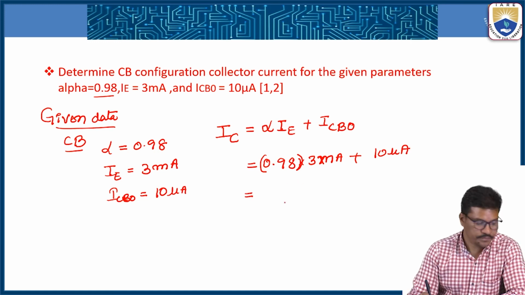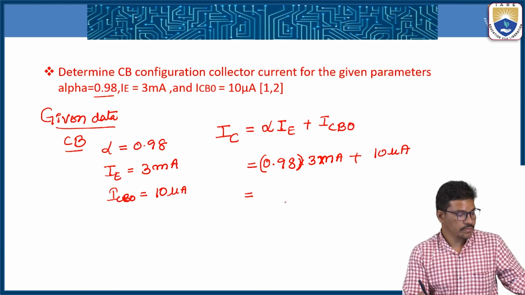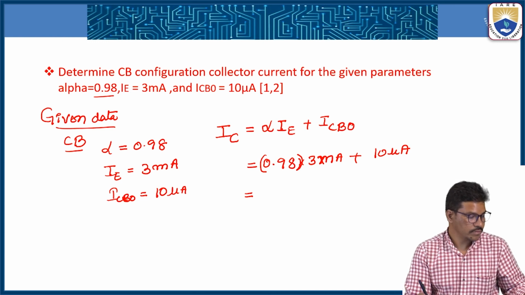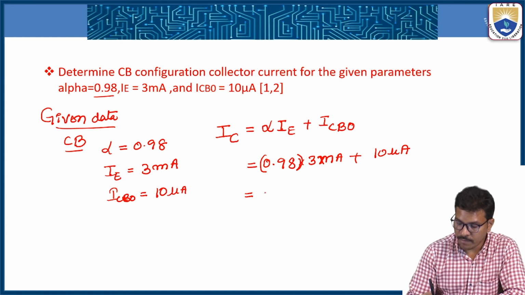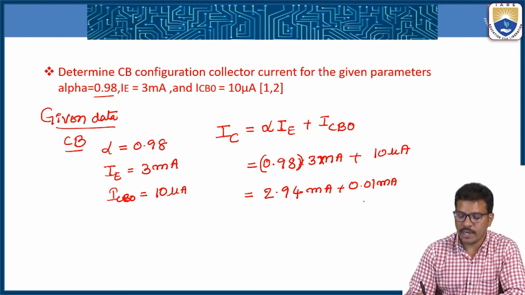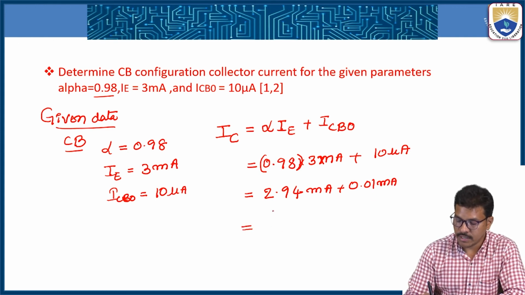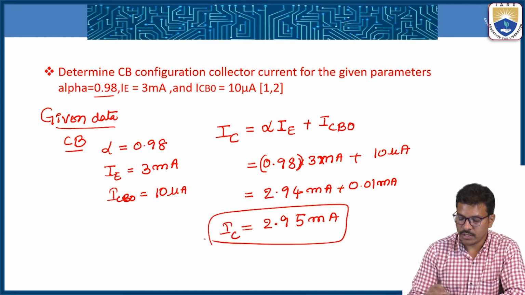We'll get 2.94 milliampere plus 0.01 milliampere, with micro converted to milli. Then the total is 2.95 milliampere. This is the collector current we got in this given problem.